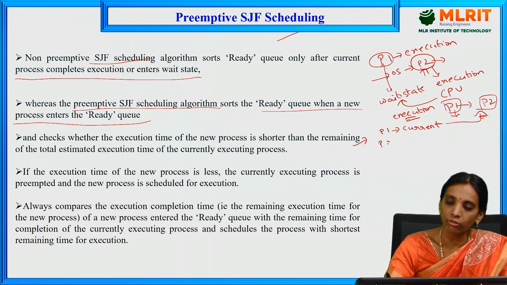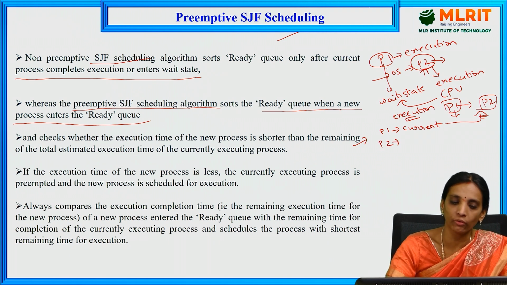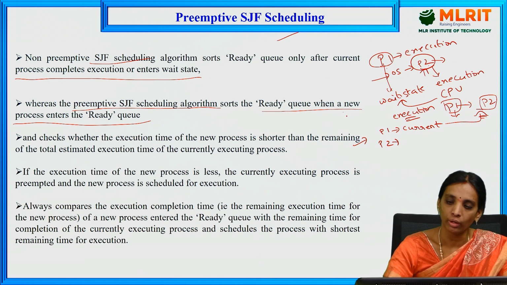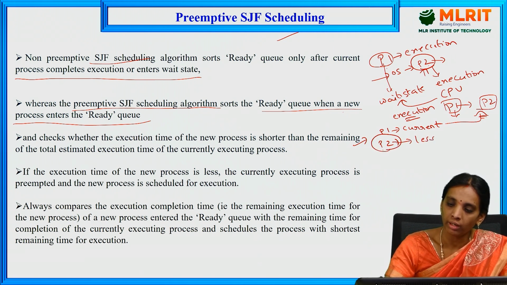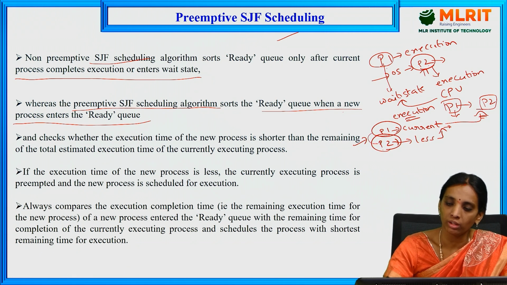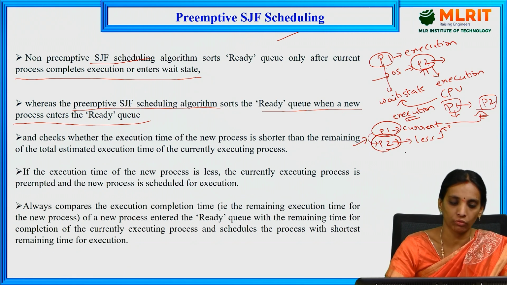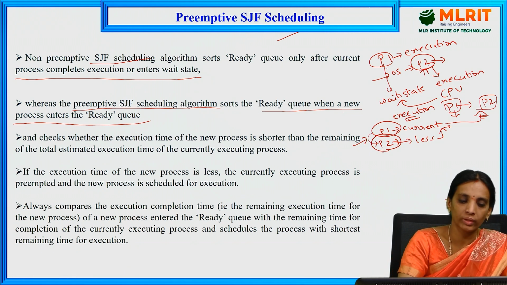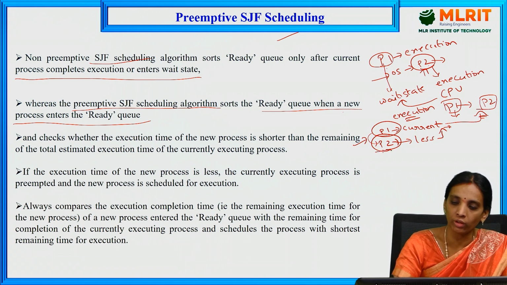If P2, a new process which just entered the ready queue, has less execution time compared with the remaining time of P1, then only P1 is preempted and the CPU is allotted to P2.